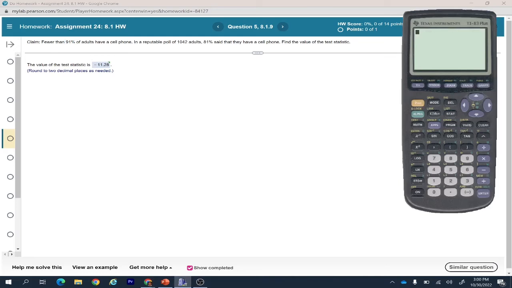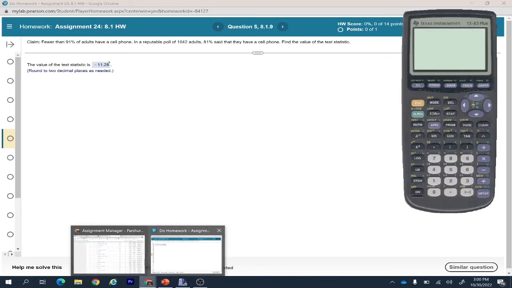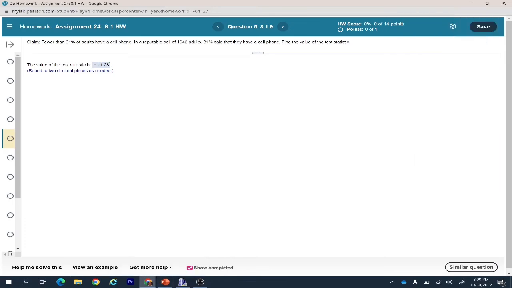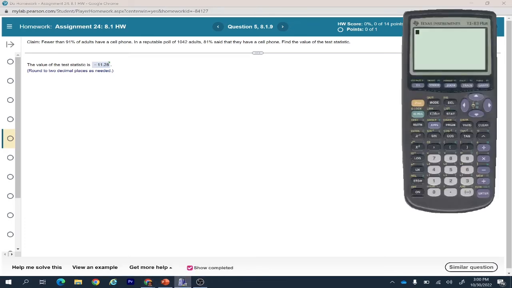Fewer than 91% of adults have a cell phone. So that's the claim, 91%.